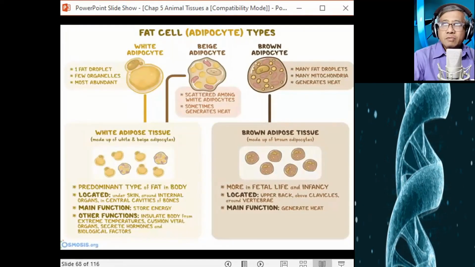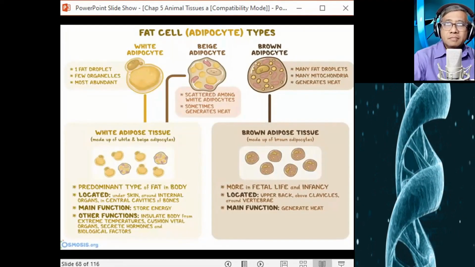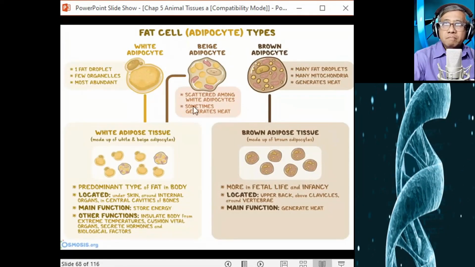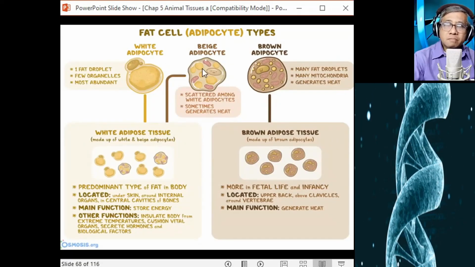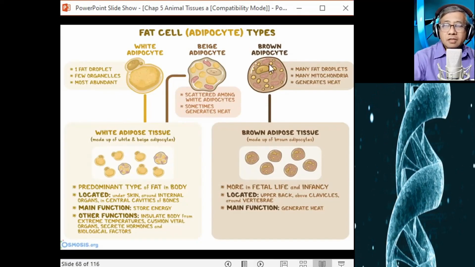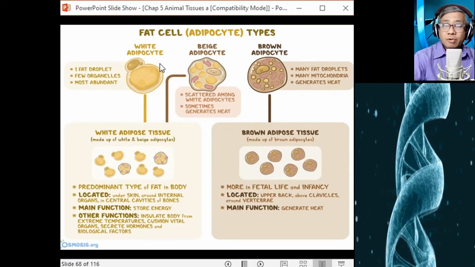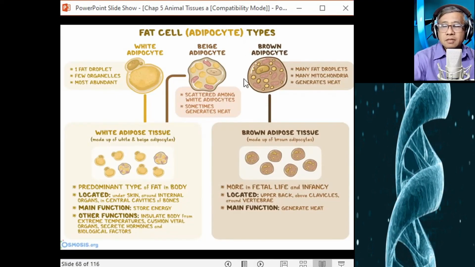We have white adipocyte, beige adipocyte, and brown adipocyte. They have colors: white, beige, and brown.